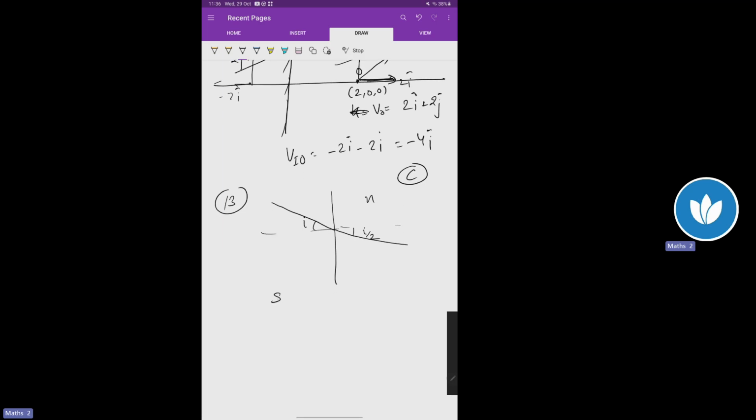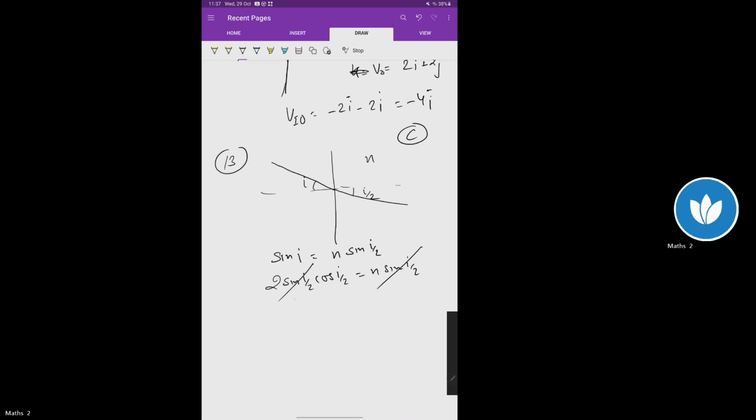And from Snell's law, sin I is equal to n sin R. This is 2 sin I by 2 cos I by 2 equals n sin I by 2. Cos I by 2 is n by 2. I by 2 is cos inverse n by 2. Option C.